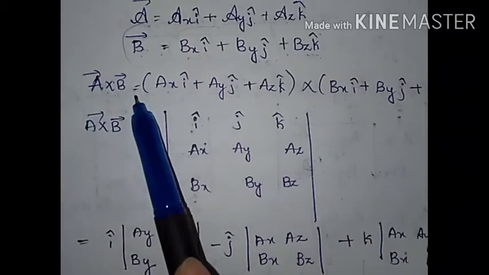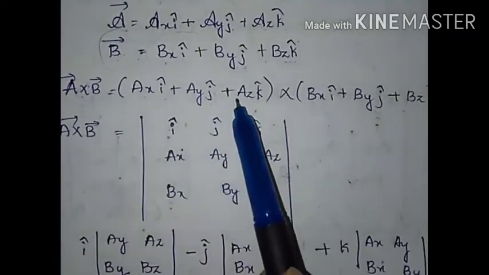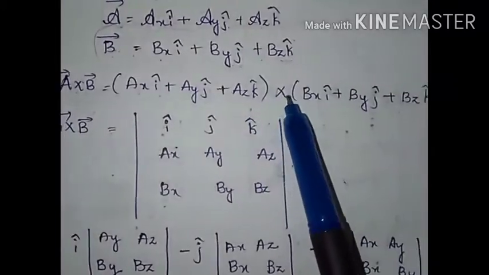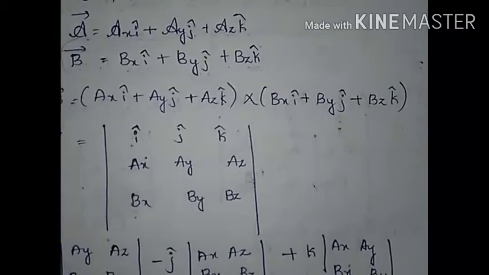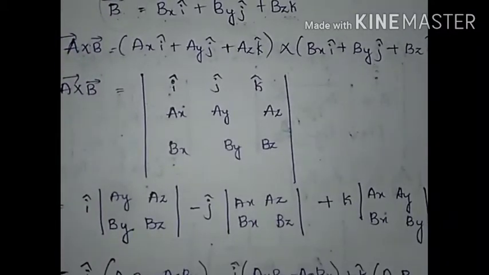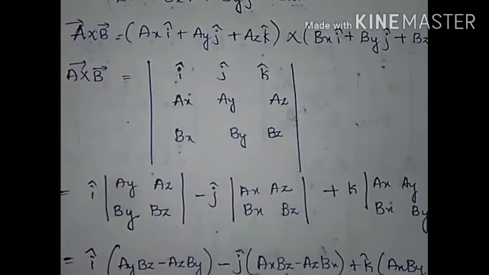So A cross B is equal to Ax i cap plus Ay j cap plus Az k cap cross Bx i cap plus By j cap plus Bz k cap. Now to solve this we use the determinant.